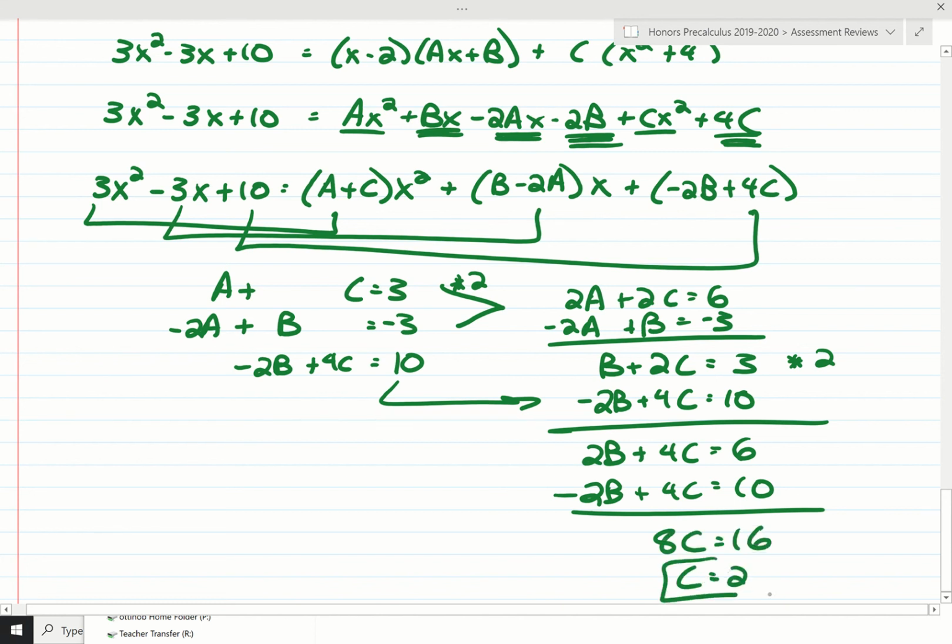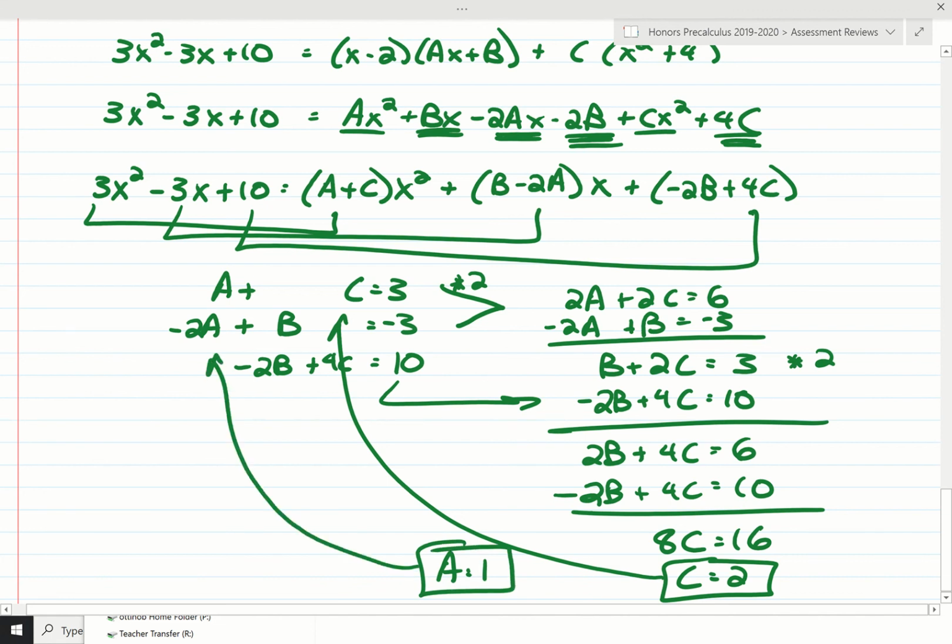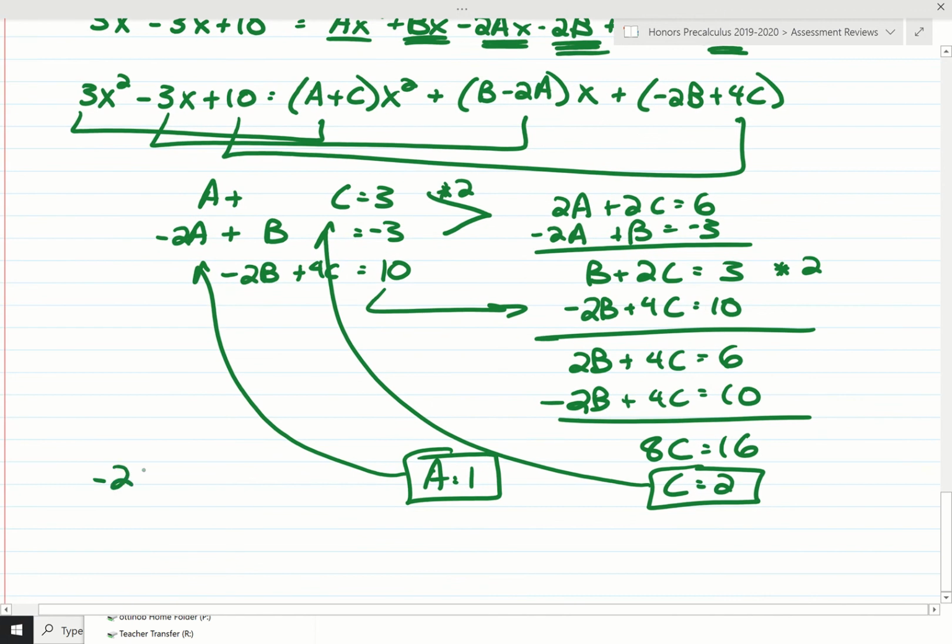So we'll get c is 2. If c is 2, we could plug it back in, and we could see that a is 1. And if a is 1, we could plug that back in, and negative 2 plus b is negative 3, and we could see that b would be negative 1.